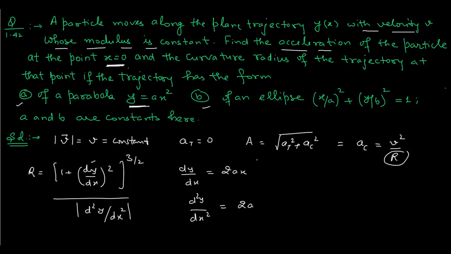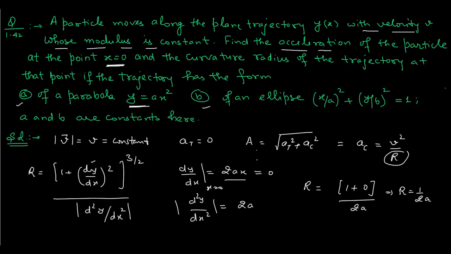We have to calculate this at x equal to 0. So if we substitute x equal to 0, we get this as 0. So the radius of curvature in this situation will be 1 plus 0 divided by the modulus of 2a. So here we have a radius of curvature of 1 by 2a.